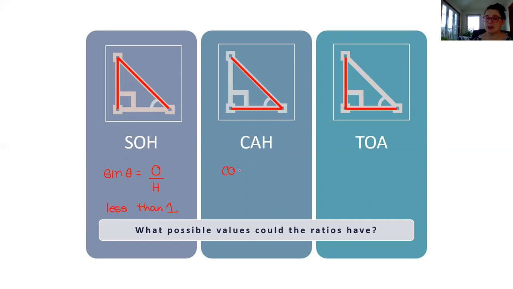The cosine of an angle, CAH, is equal to the adjacent side divided by the hypotenuse. The hypotenuse is still the longest side. The adjacent will always be smaller, so this one's going to be less than 1 as well. So if your calculator tells you there's an error, double check your ratio. You might have something flipped incorrectly.